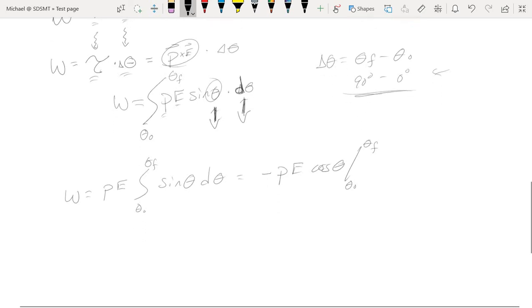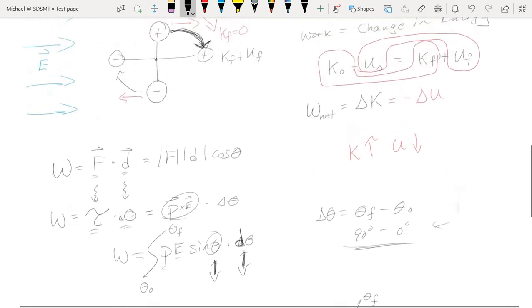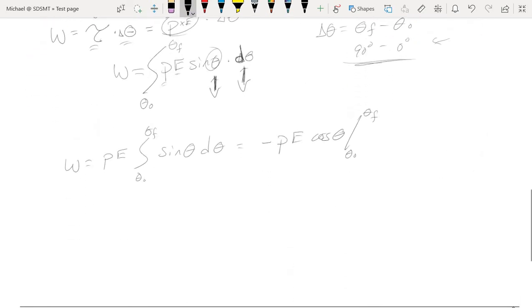But I'm going to leave this in general form right now. And what we can do at this point is go back up and choose which of the two energies we want to compare this to. If we want to say the change in kinetic energy, well, we've got exactly what we need there.